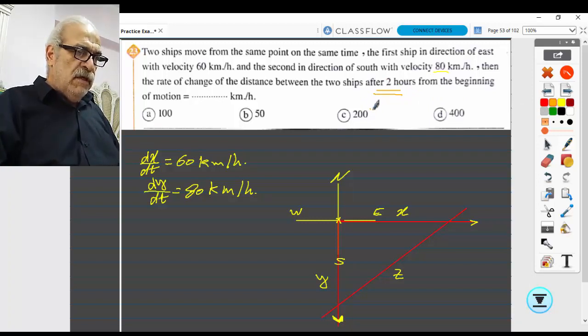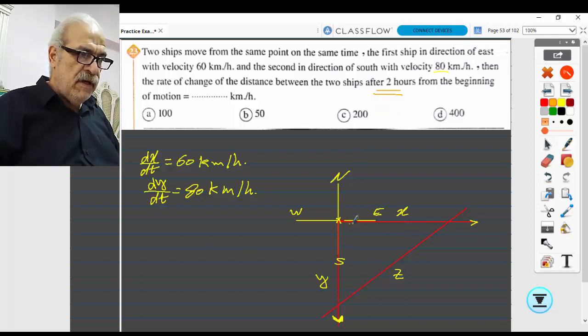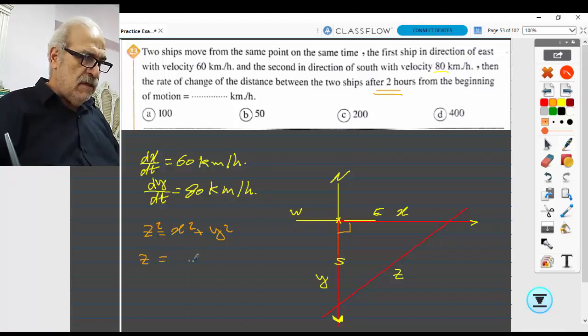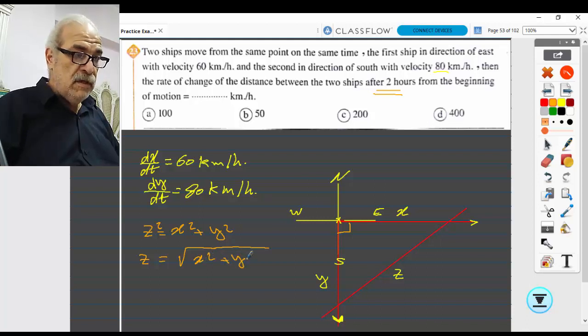So we must write the relation between X, Y, and Z. Here we have a right angle triangle. So Z square equals X square plus Y square. And Z equals square root of X square plus Y square.